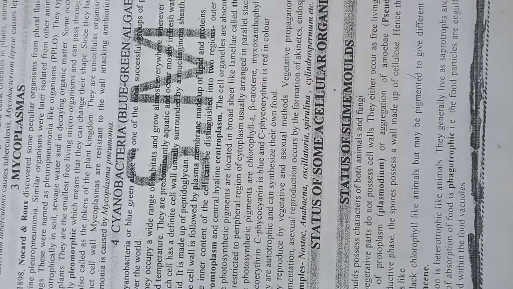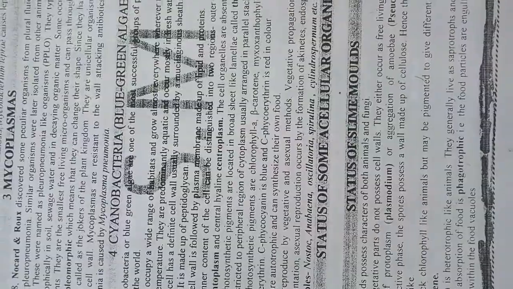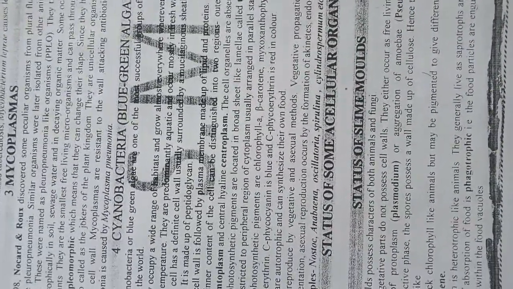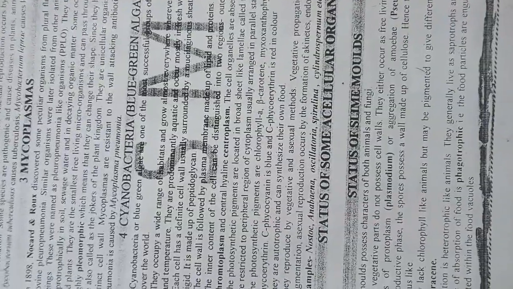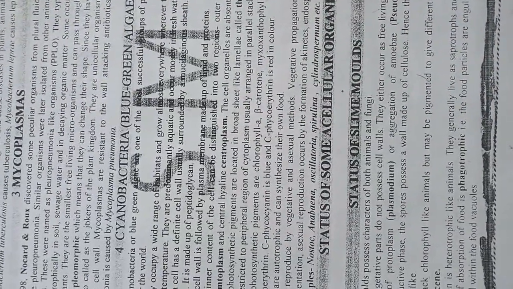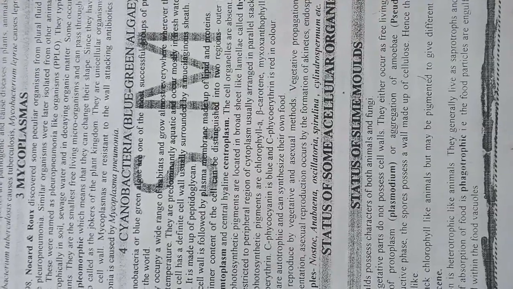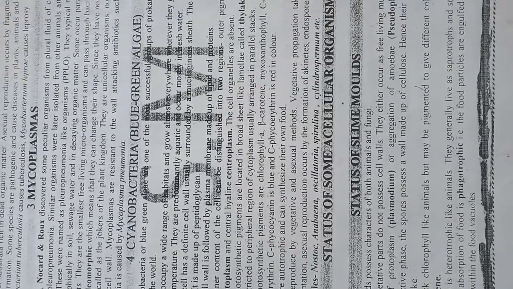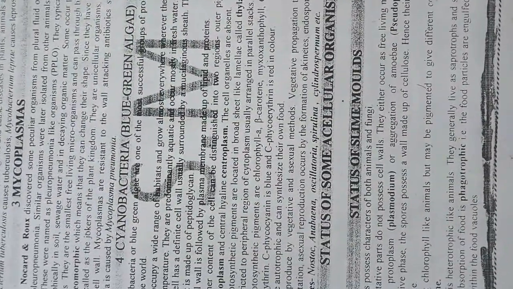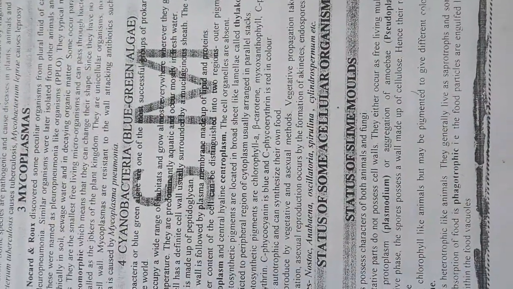They are predominantly aquatic and occur mostly in fresh water. This is the second general character of the cyanobacteria, that they are an aquatic form. That means they are found mostly in water, where there is fresh water.